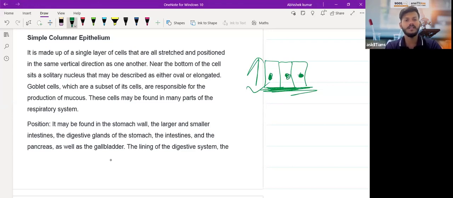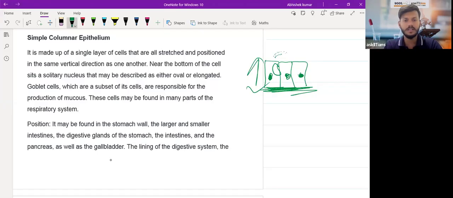And goblet cells, which are specialized cells, are responsible for production of mucus. Some of the epithelium cells have goblet cells, and they are responsible for releasing the mucus. And these cells may be found in many parts of the respiratory system. And do you know the location of the cell?